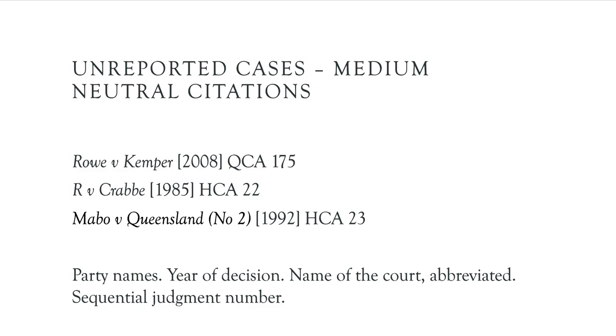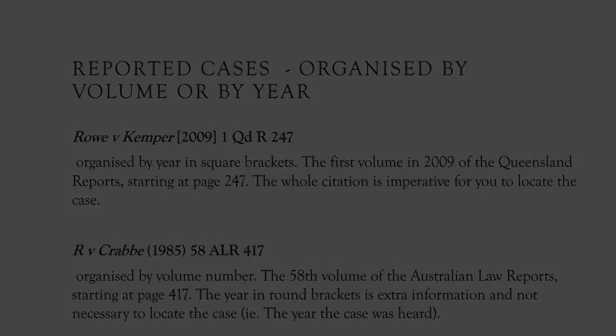The same with R v Crabb, that was heard in the High Court of Australia in 1985, and it was the 22nd. And lastly, we have Mabo in Queensland, also heard in the High Court of Australia in 1992, and that was the 23rd case to be heard. In order for you to be able to start recognising what a medium neutral citation looks like is to look for that C in the middle there. So Queensland Court of Appeal, High Court of Australia. Medium neutral citations are assigned by the courts themselves.